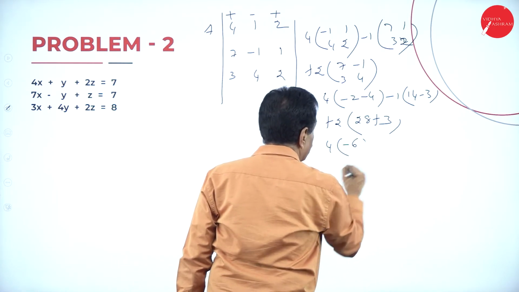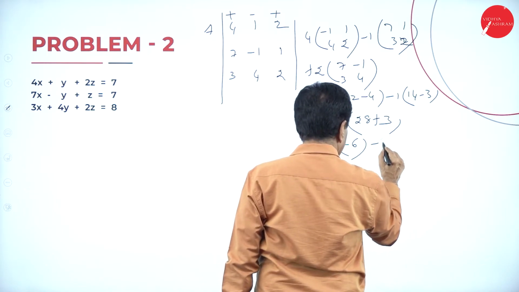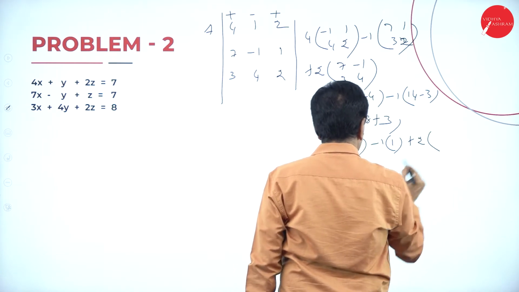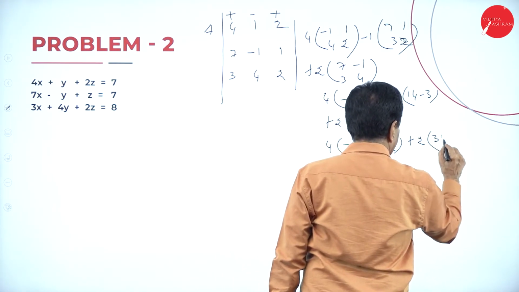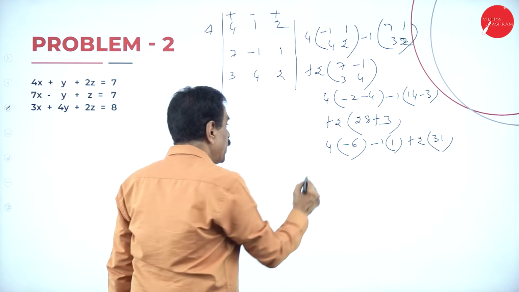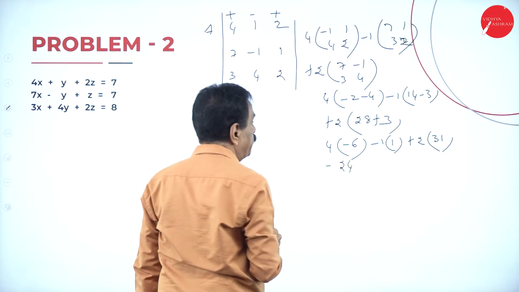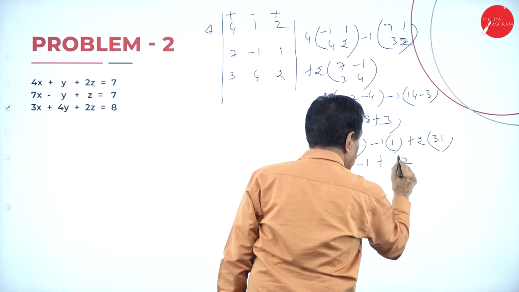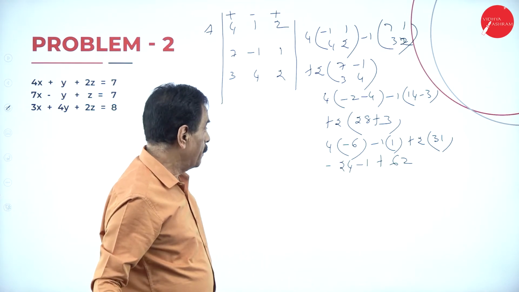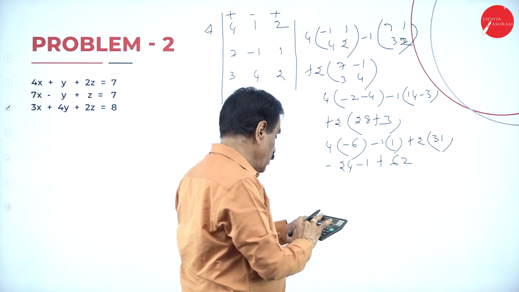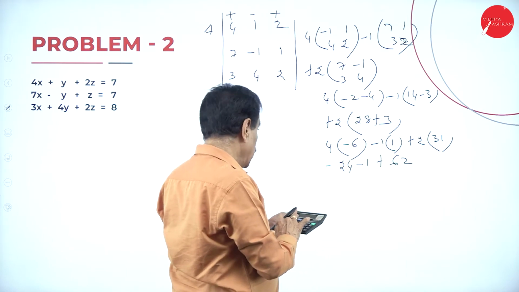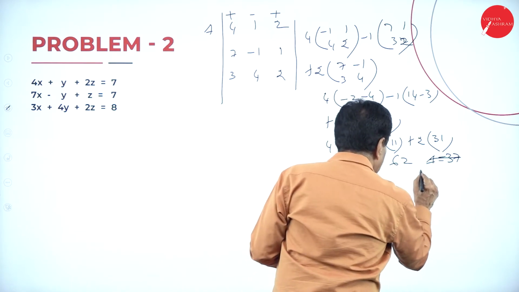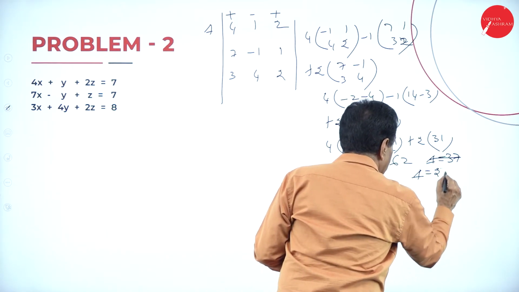Minus 6, minus 1, 14 plus 2, 28 plus 3 is 31. Minus 24, minus 1, plus 62. So 62 minus 1 minus 24, 27. Delta is 27.